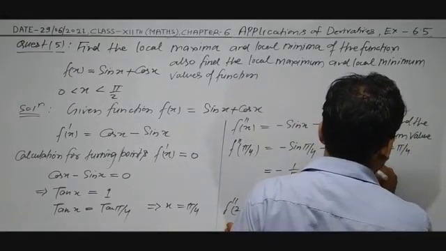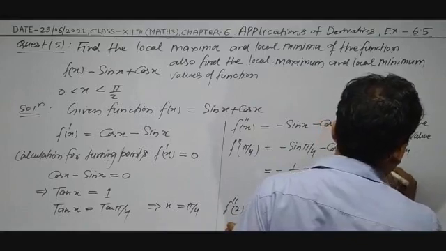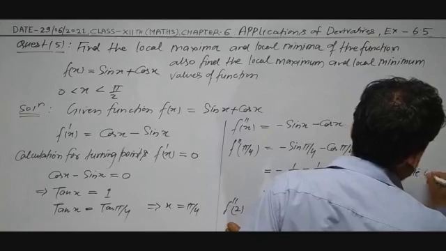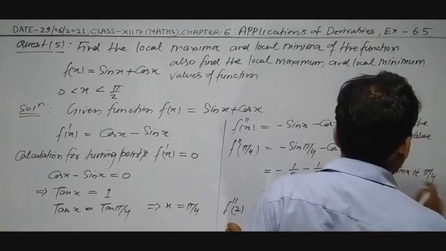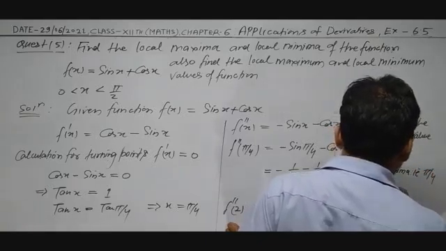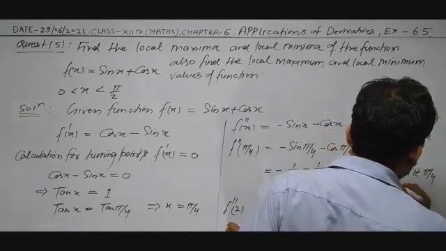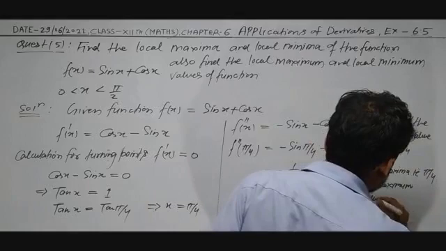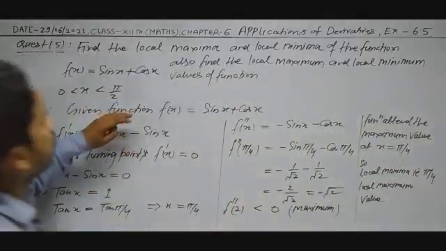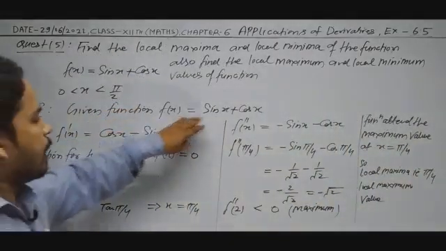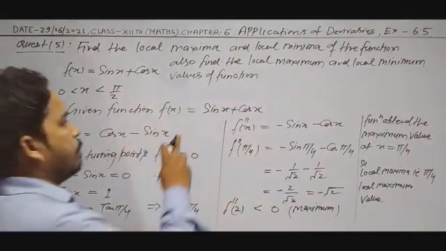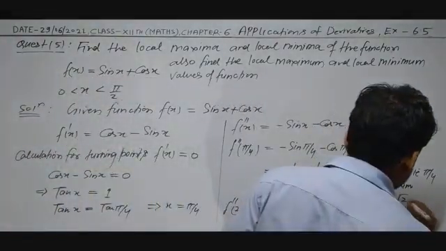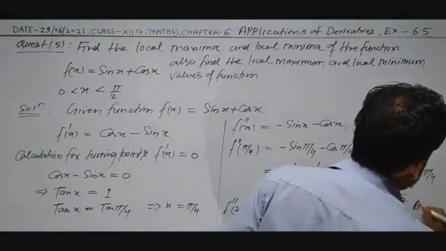So local maxima is at pi by 4, and the local maximum value will be f(pi by 4). f(pi by 4) means 1 by root 2 plus 1 by root 2, that is 2 by root 2, and the result is root 2. So this is the answer.